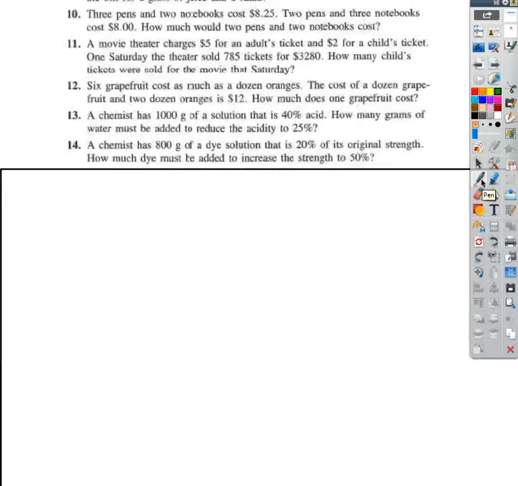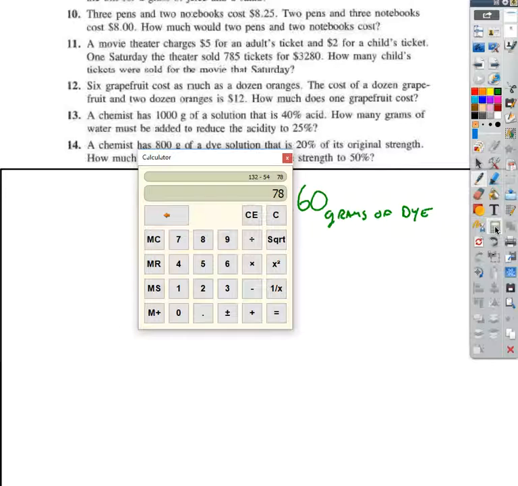Well, if I have 800 grams, and I'm not going to write the units, and it's 20% dye, that means 160 grams are dye. So that's grams of dye. All right, so that means how much water, because you mix water and dye together, right?